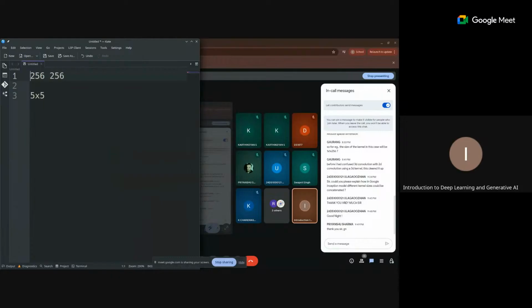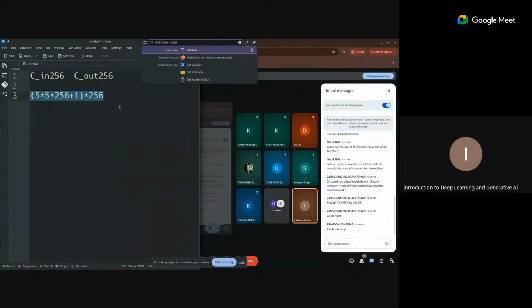This is the C in, and this is the C out, and here it will be 5 cross 5 cross 256 plus 1 times 256, right? So this is this many parameters.